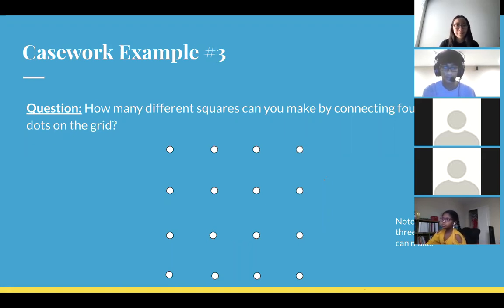Exactly. Squares are all rectangles, but all rectangles aren't squares, so don't count the rectangles.